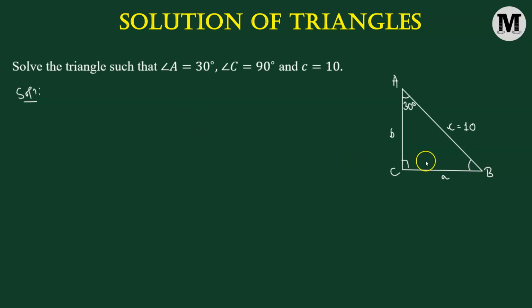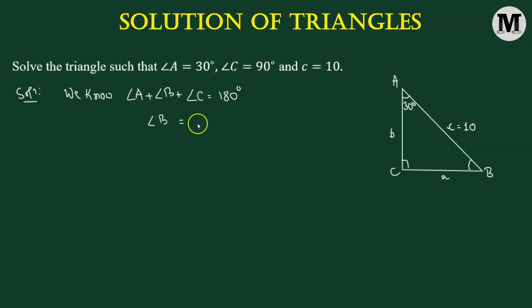Let's first find out the angle measure of B, because we have the angle measure of the other two angles. So we know for a fact that the sum of the three angles of a triangle sums up to 180 degrees. So solving for B is an easy task.